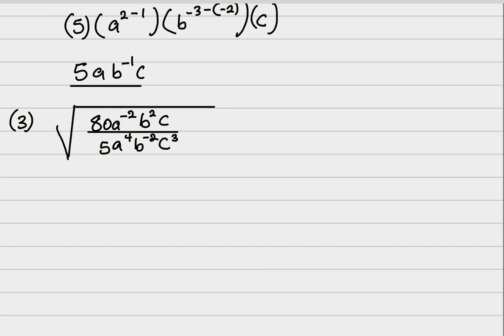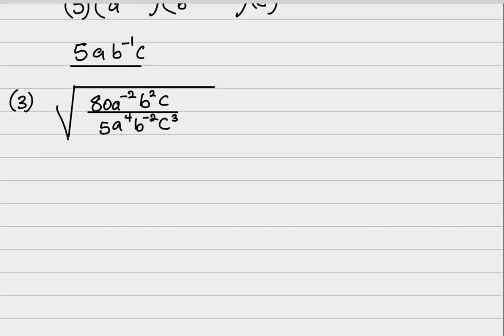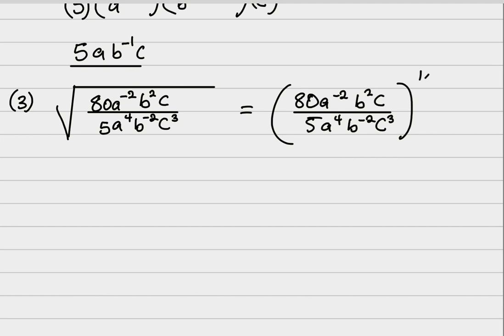What will happen in this case? Now, the first thing I need you to know is this is the same thing as writing 80 a raised to power minus 2, b raised to power 2, c, all over 5 a raised to power 4, b raised to power minus 2, then c raised to power 3, everything raised to power 1 over 2.